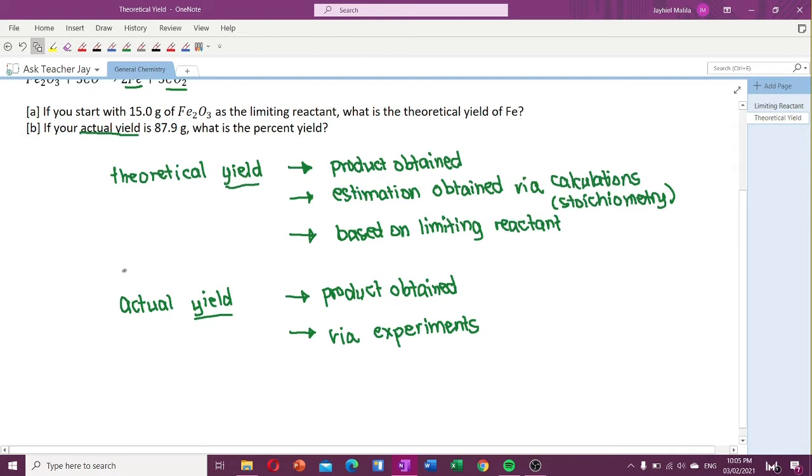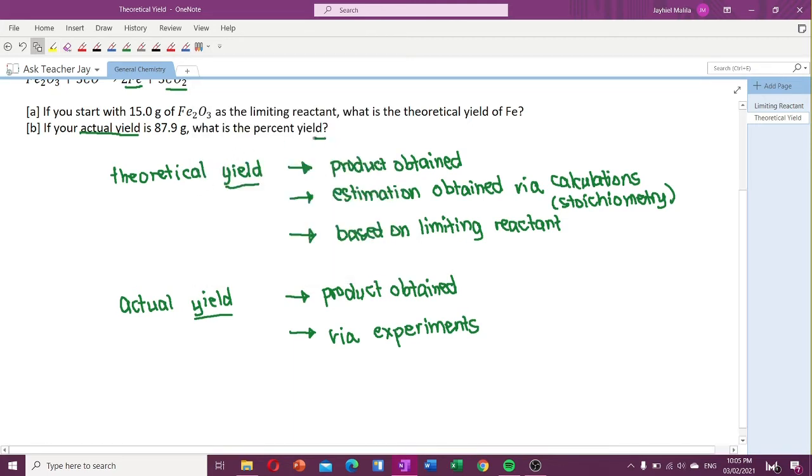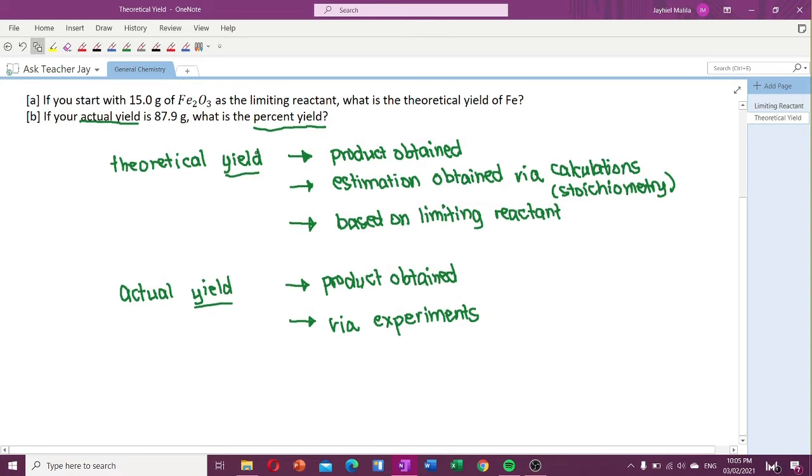So it's usually a given value, or if it's not given, there's actually a relationship between theoretical yield and actual yield. There is a new term that I will introduce, which is the percent yield. Actually, the percent yield is the ratio, or the proportion, of the actual yield with respect to the theoretical yield, times 100.